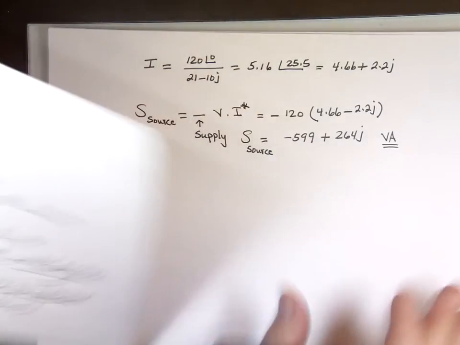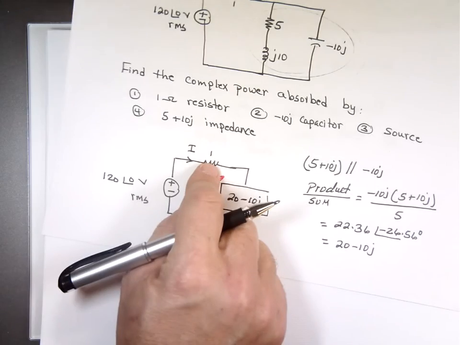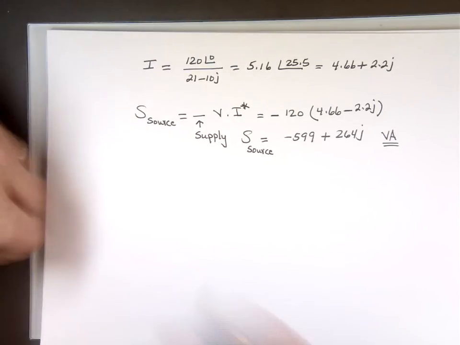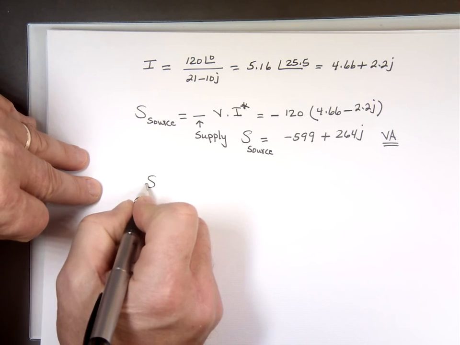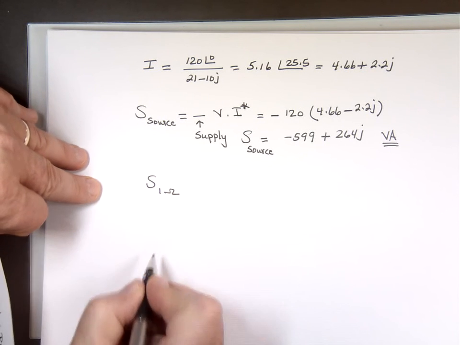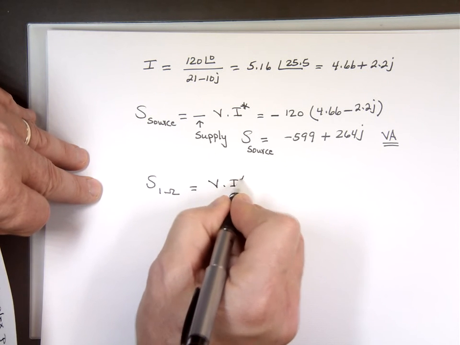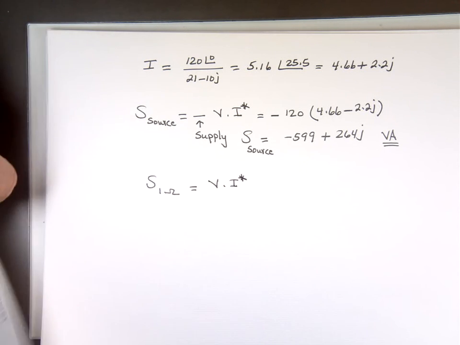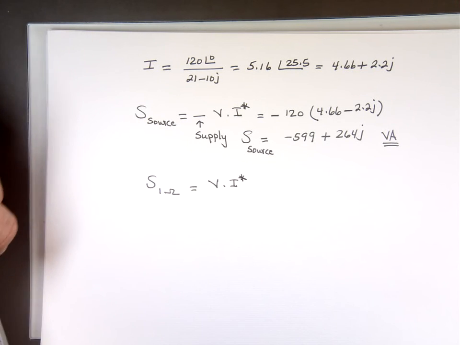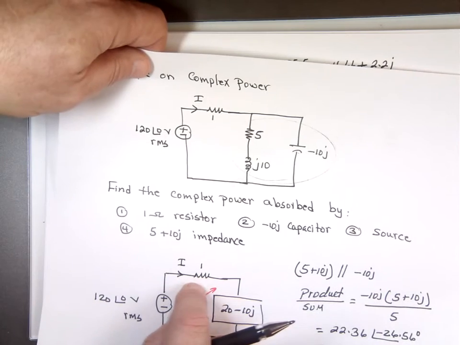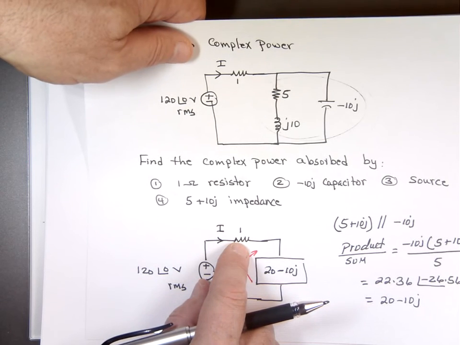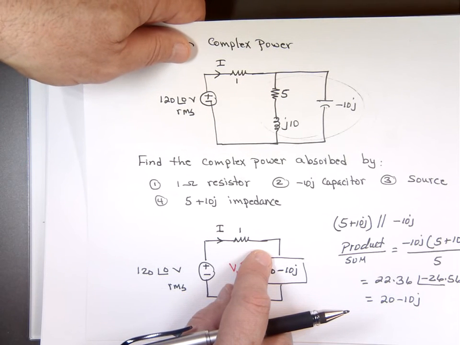Let's look at the 1 ohm resistor. So what is the complex power absorbed by the 1 ohm resistor? Again, it's V times I conjugate. Well, I don't know what V is. I didn't calculate V for this, but I can use Ohm's law. V equals I times R, isn't it?